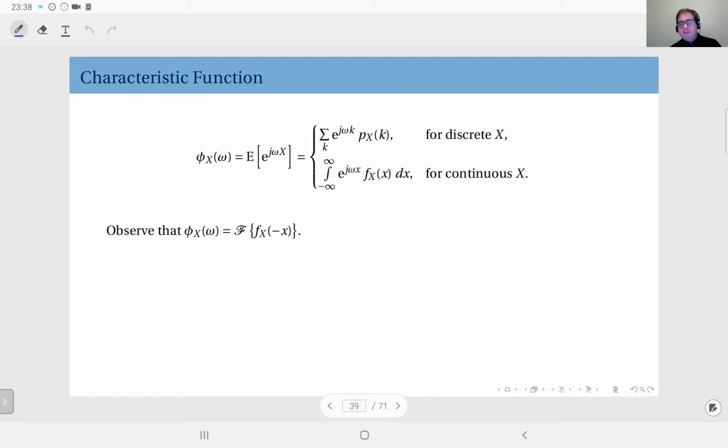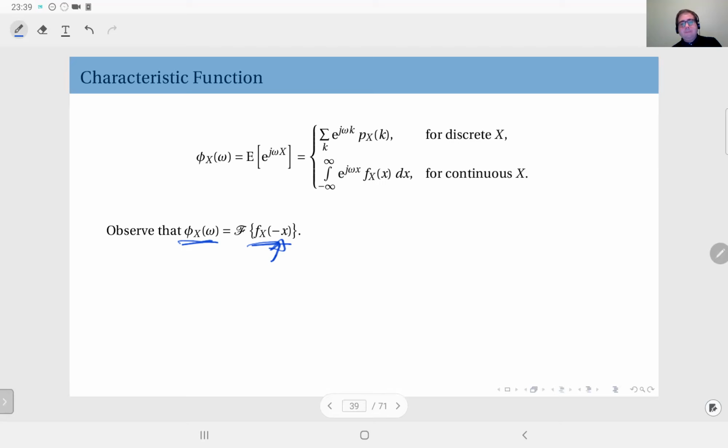What we are going to do in this class, I'm going to give you sufficient detail, but it's worth mentioning that the characteristic function and the Fourier transform of the PDF is very, very closely related. In fact, the characteristic function is the Fourier transform of the PDF, but the parameter is negated, the PDF of minus x, because in the Fourier transform, you would see a negative in the exponent.